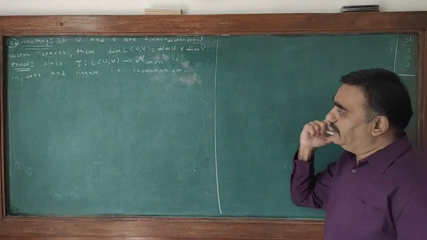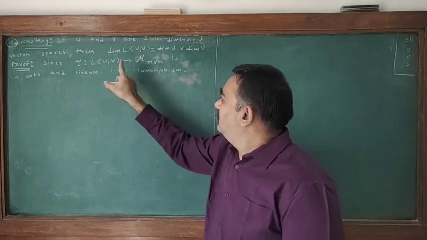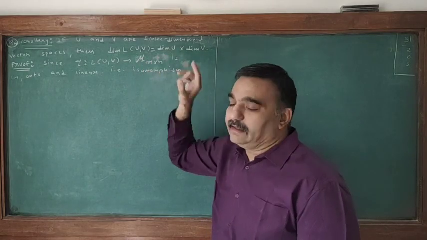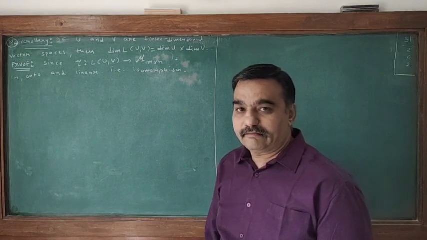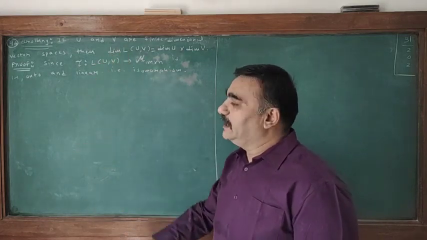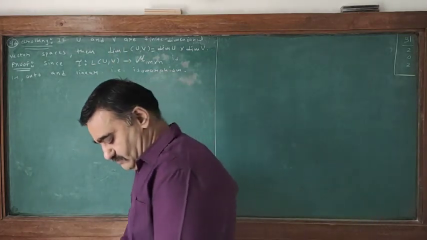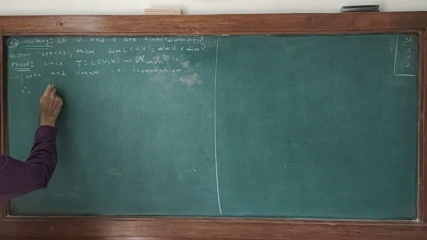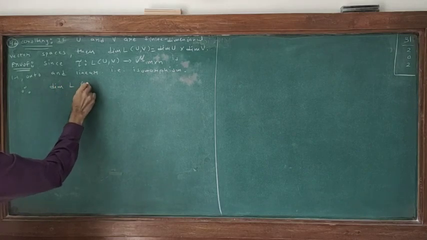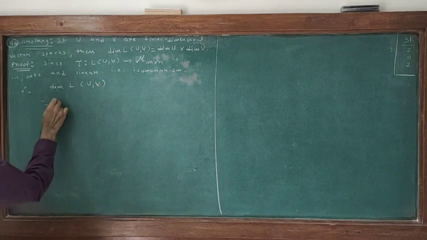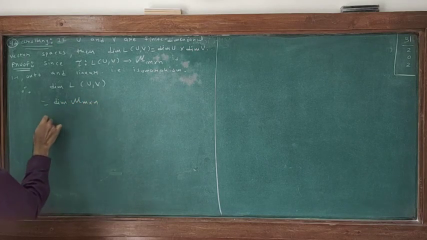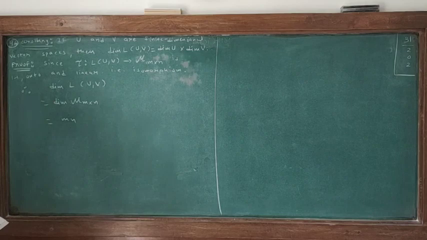So the numbers of elements in L(U,V) and m cross n are the same, as U and V are finite dimensional. Therefore, dimension of L(U,V) is equal to dimension of script m cross n, and by the previous theorem we know that is mn.